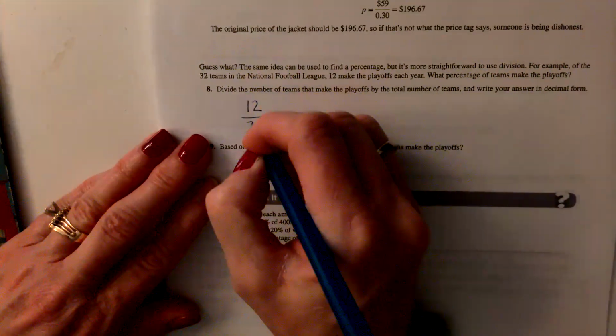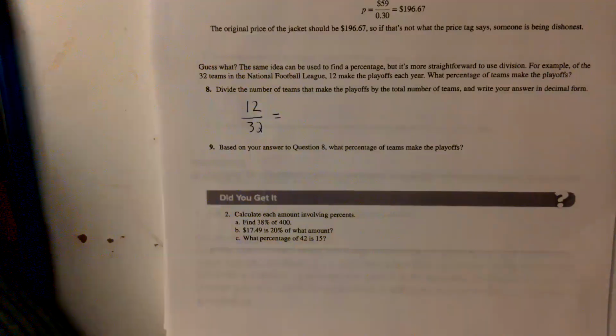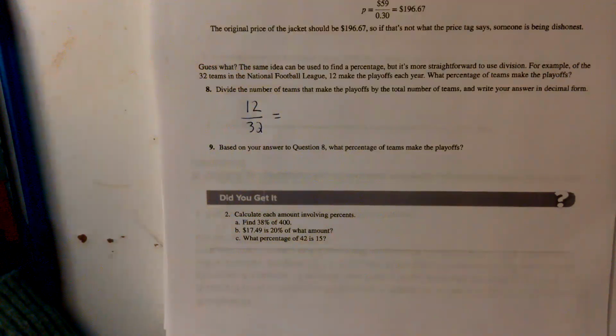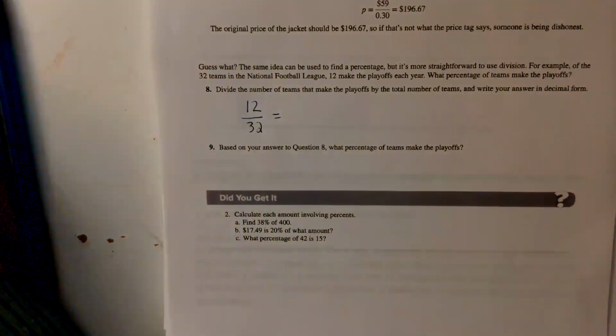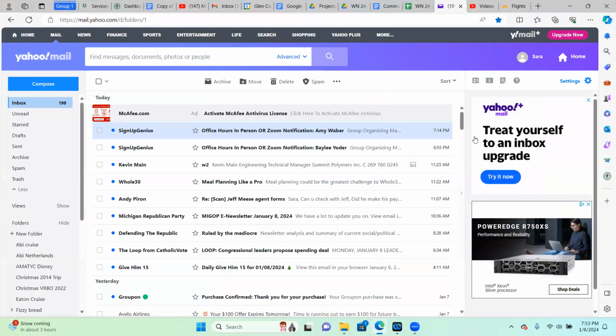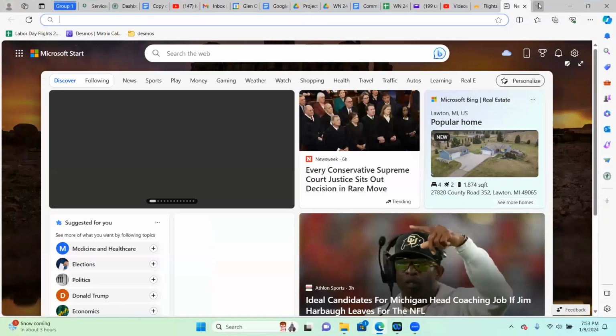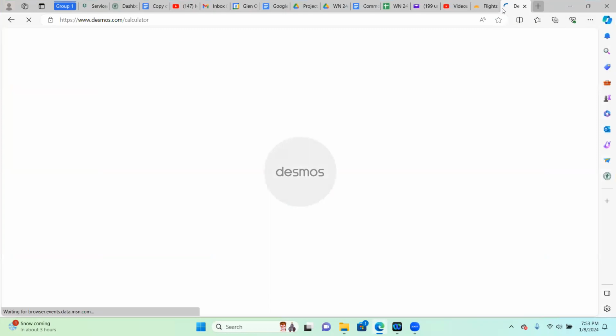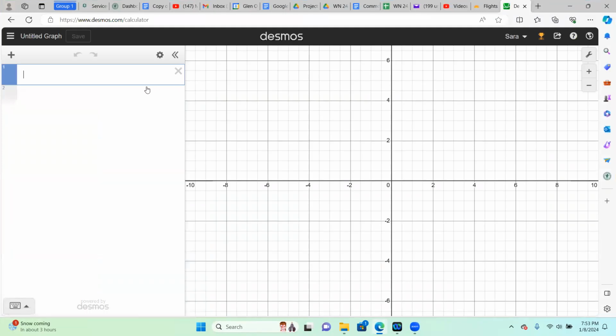So that would be 12 divided by 32. And I'm going to show you that I use Desmos to do a lot of my calculations because it's easy. And so I'm going to do 12 divided by 32. And notice it gives me a decimal answer. If I ever want it to be in fraction form, you can just click this circle right here and it will give you a reduced fraction form. But I'm going to go back to the decimal.